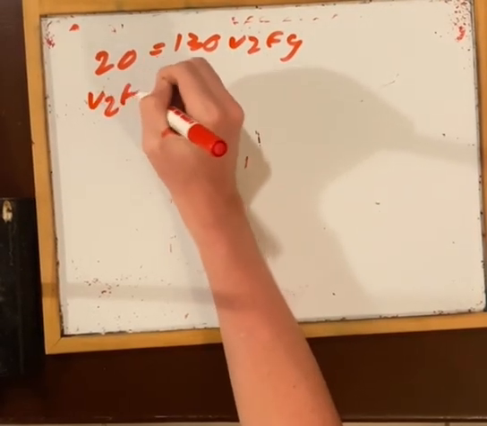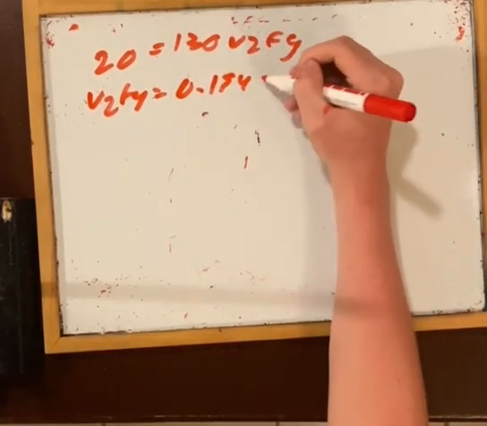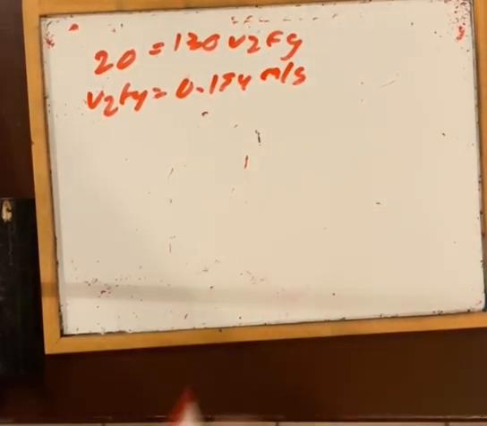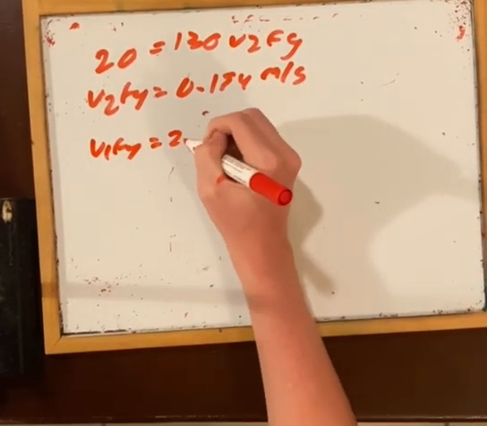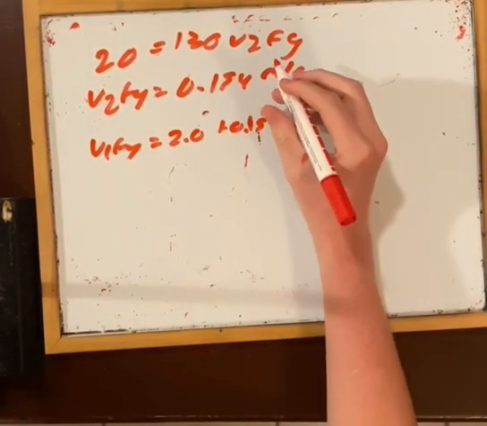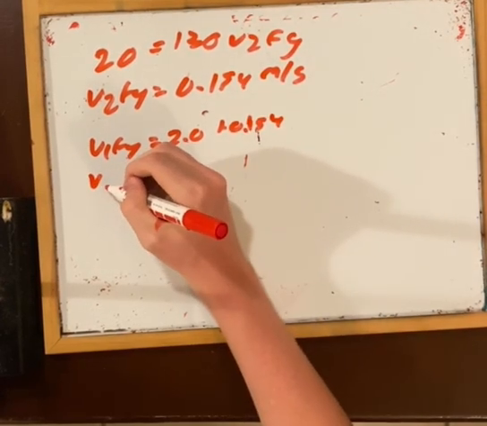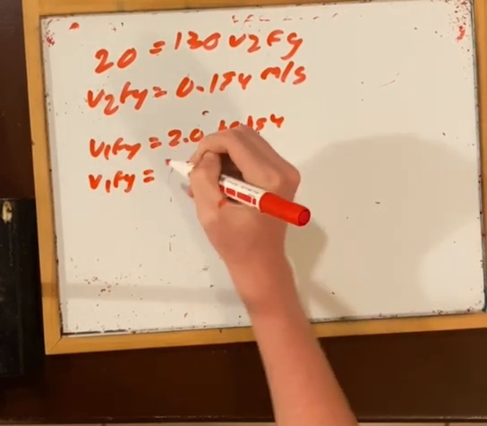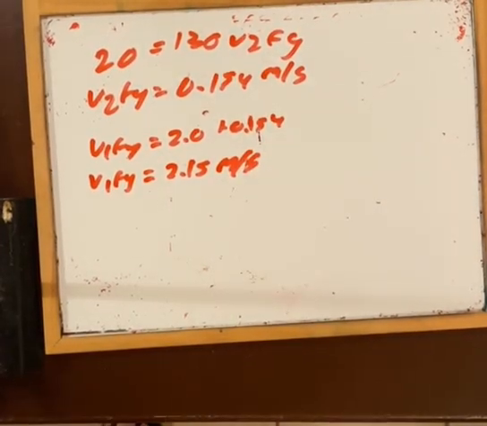So v2f of y equals 0.154 meters per second. And now we have to solve for velocity 1f of y. So v1f of y equals 2.0 plus 0.154, and velocity 1f of y is now equal to 2.15 meters per second.